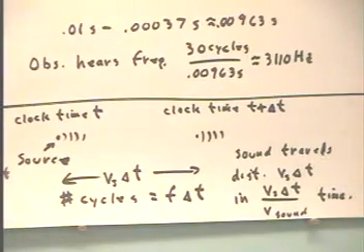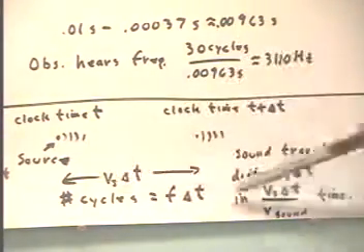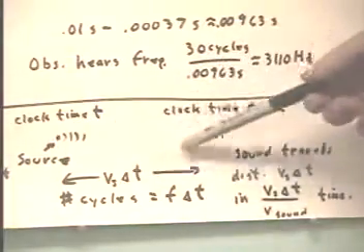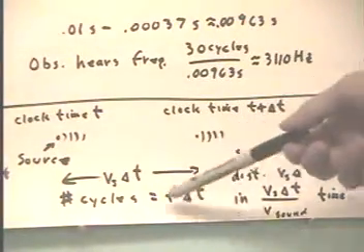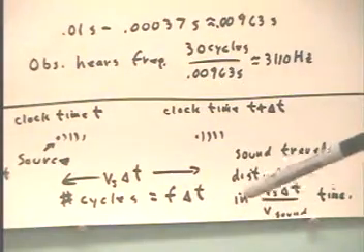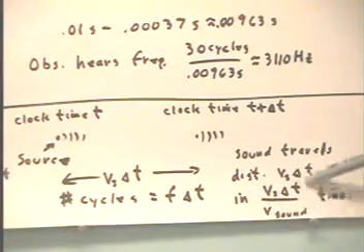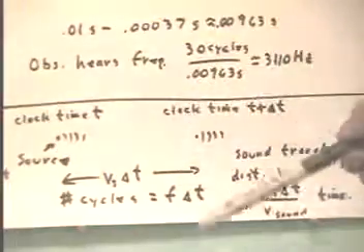So the sound takes this time to travel this distance. It means that the observer is then going to hear these f delta t cycles in this much less time than it took to emit the cycles.